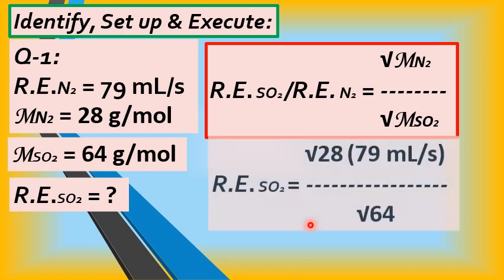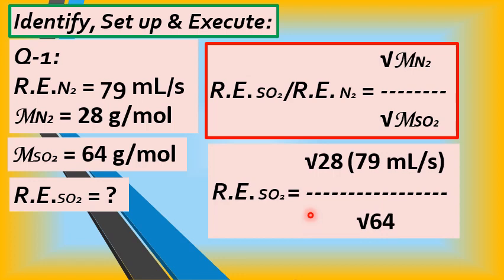So when we substitute, the rate of effusion of sulfur dioxide gas will just be equal to the square root of 28 times 79 milliliters per second, divided by the square root of 64.